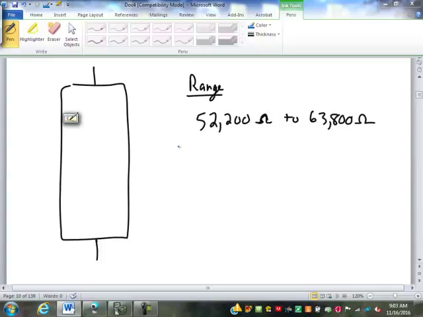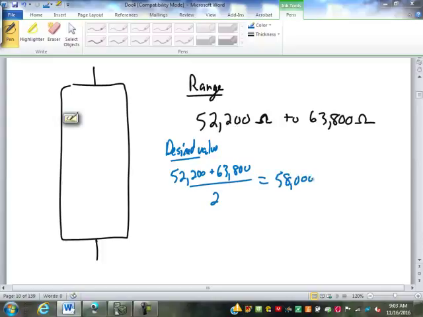So to find the desired value, we add them together. Divide by 2. So we add them together, we get 116 divided by 2 is 58,000 ohms.